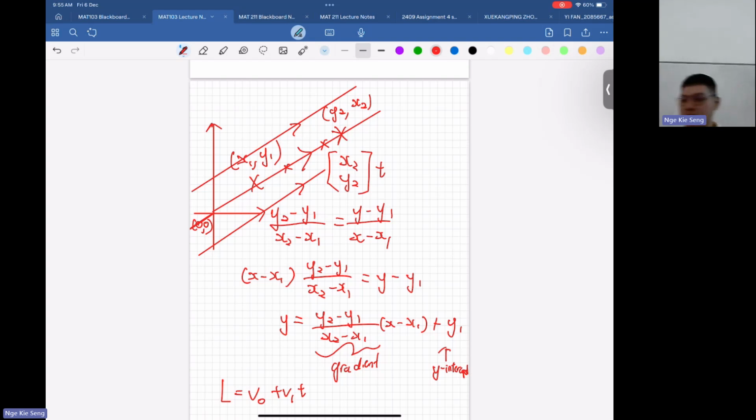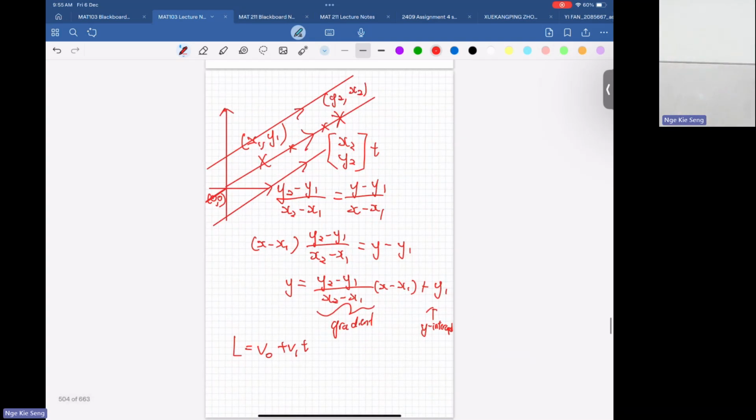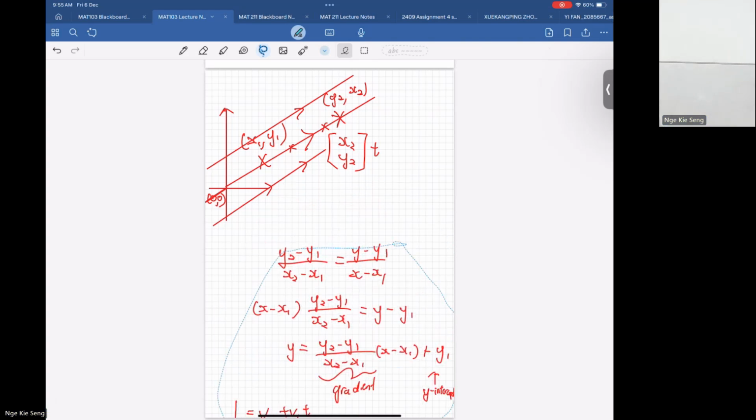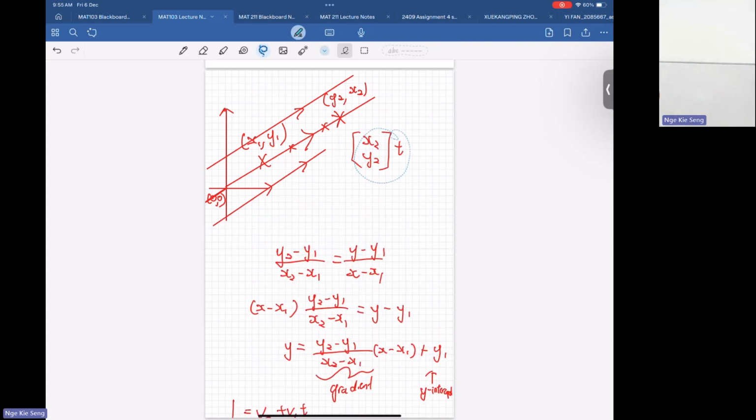Let's give an exact example here, otherwise you cannot see. So let's take 1 here.